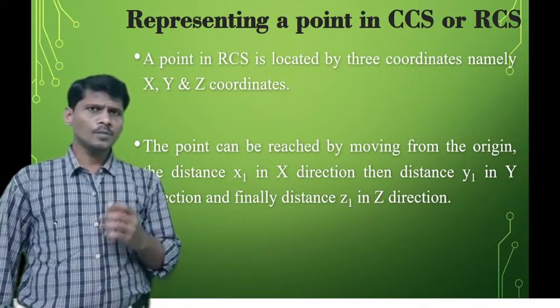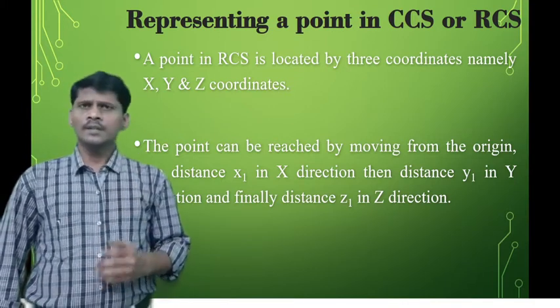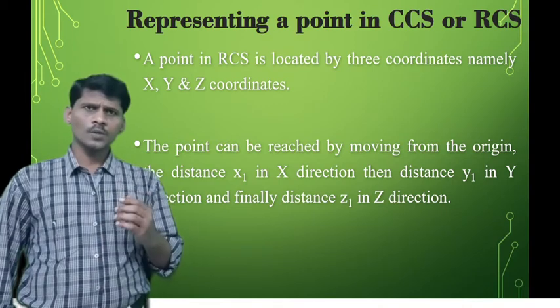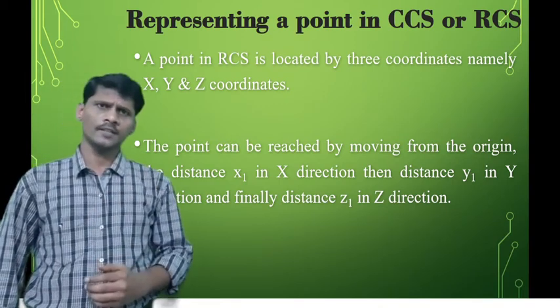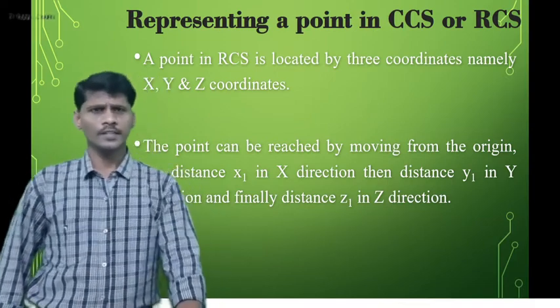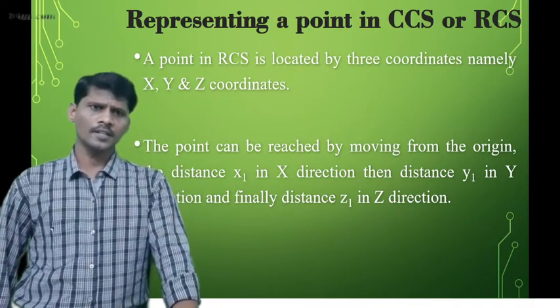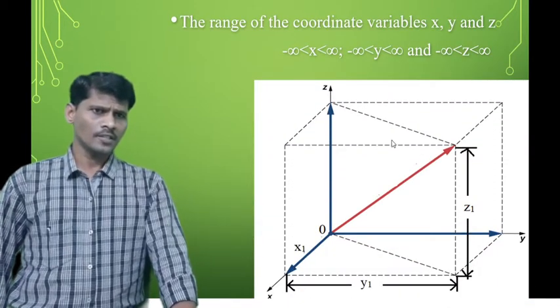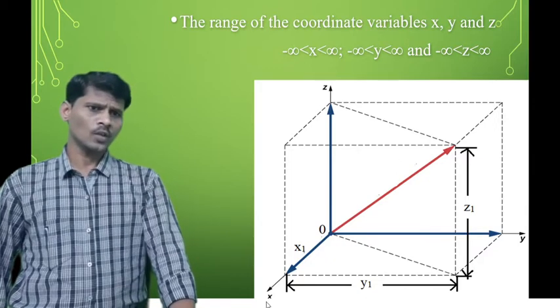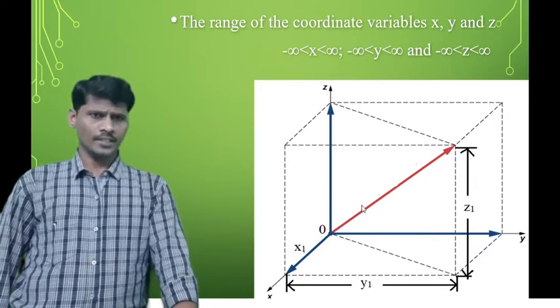That point P is at a distance x1 from the origin in the x direction, y1 in the y direction, and z1 in the z direction. So this is the point P, and these are the Cartesian coordinate axes x, y, and z.